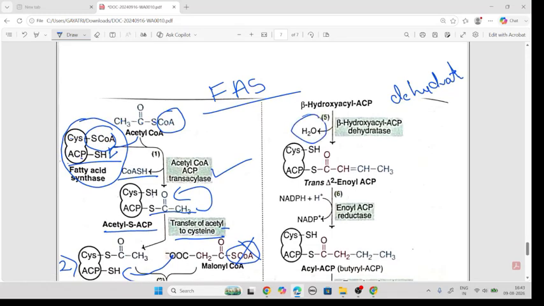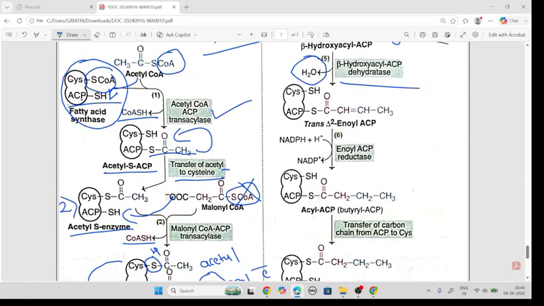So when the water molecule is released, there is an imbalance in the bonds of our carbon. So to satisfy that, the double bond will be coming. This entire process will take place by beta hydroxy acyl ACP dehydrase enzyme. So now the product will be enoyl ACP, trans enoyl ACP.